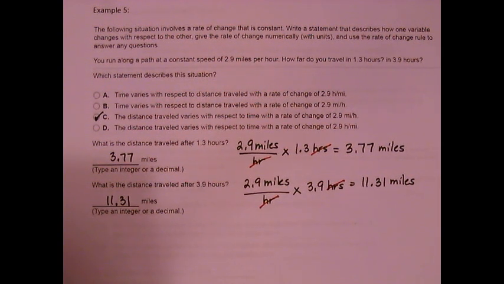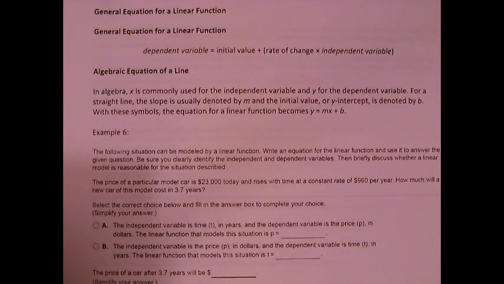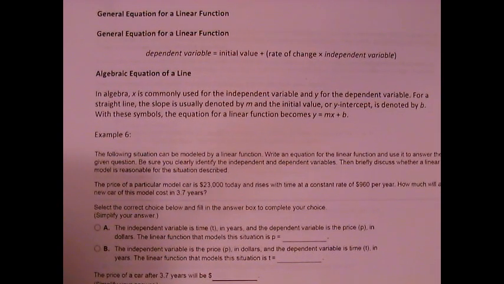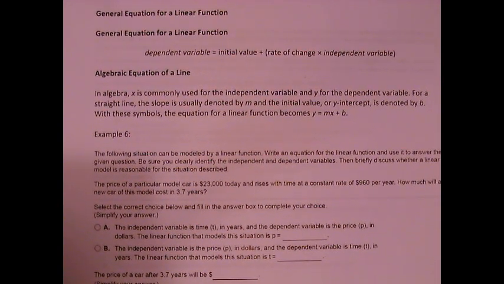Okay, let's talk about the general form for a linear equation. General equation of a linear function, I should say. The general equation of a linear function would be the dependent variable equaling the initial value plus the rate of change times the independent variable. Now, algebraically speaking, it will be this.